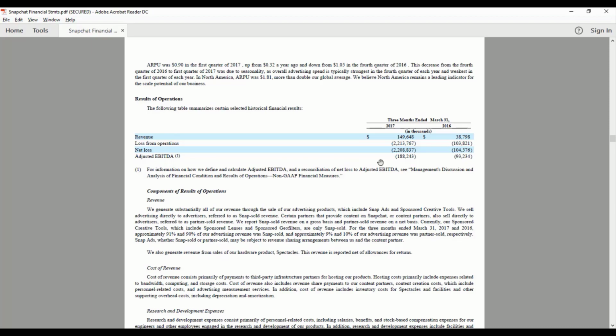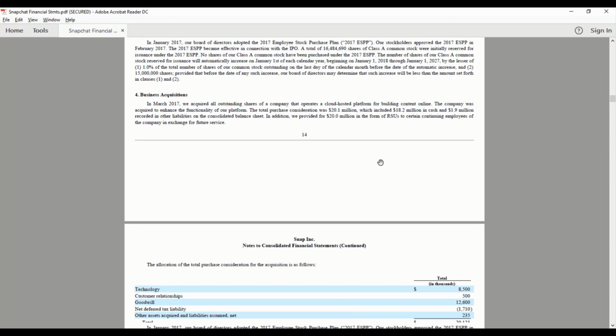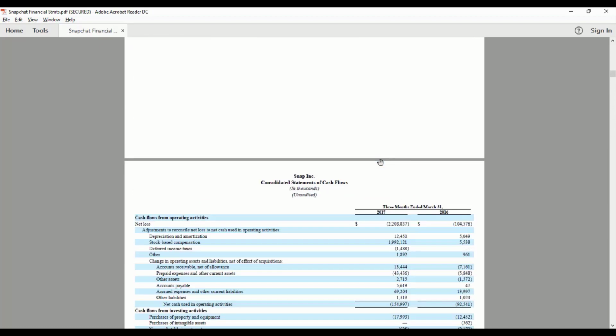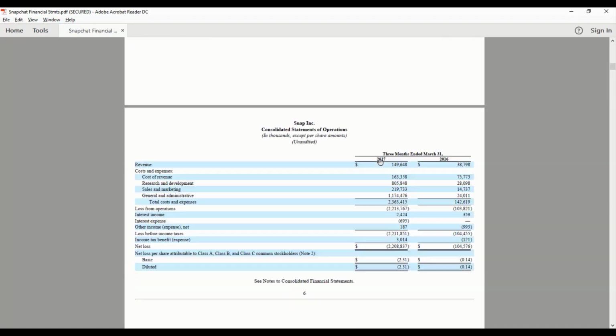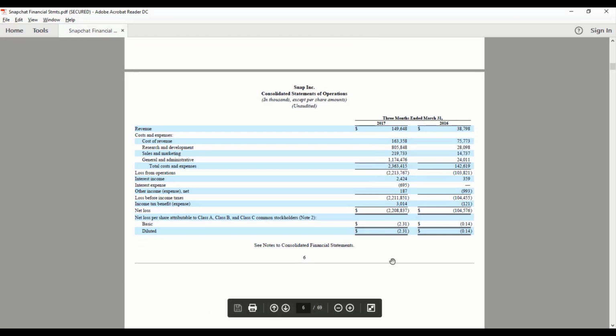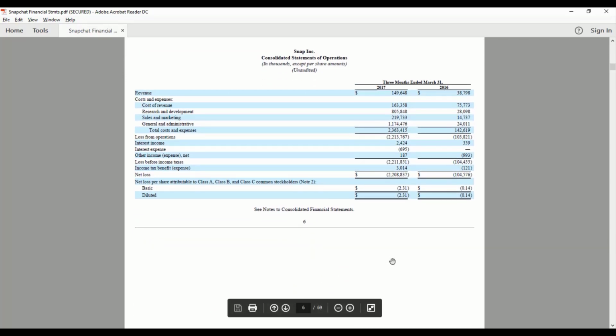Now, usually on the income statement, I'm just going to go back up to the income statement on page 6 or 8. I can't remember which one it was. All right, there we go. This is on page 6. Their income statement. So right here we see the net loss of $2.2 billion. And here is the loss of $2.2 billion from loss of operations up here.